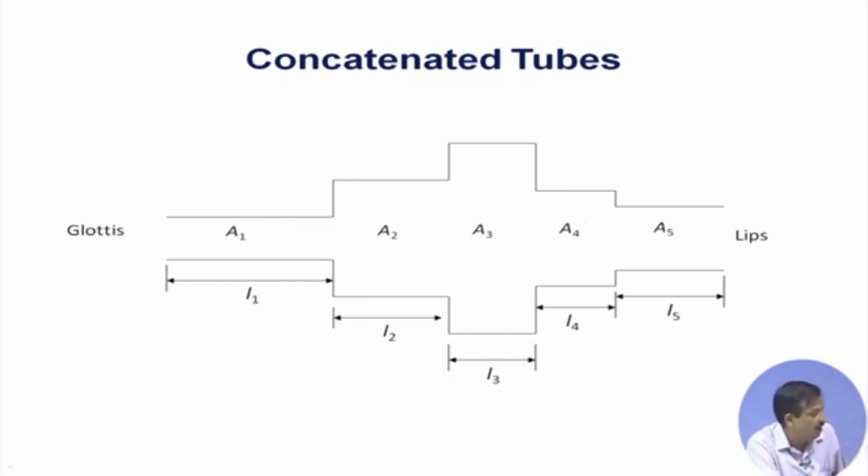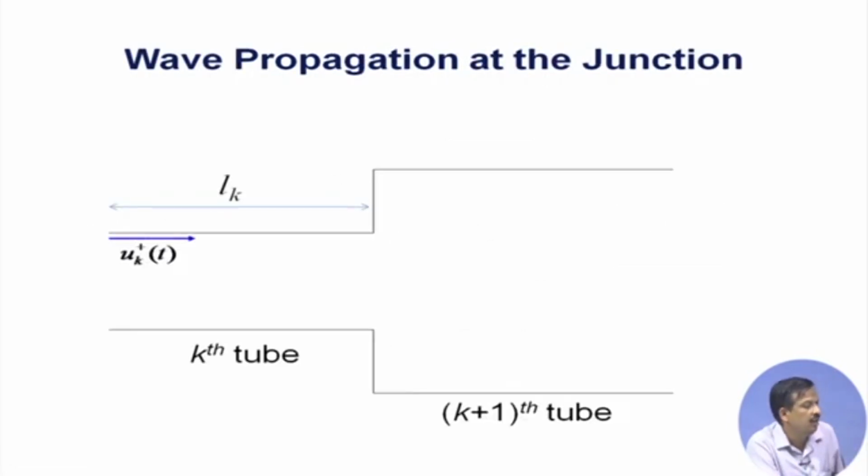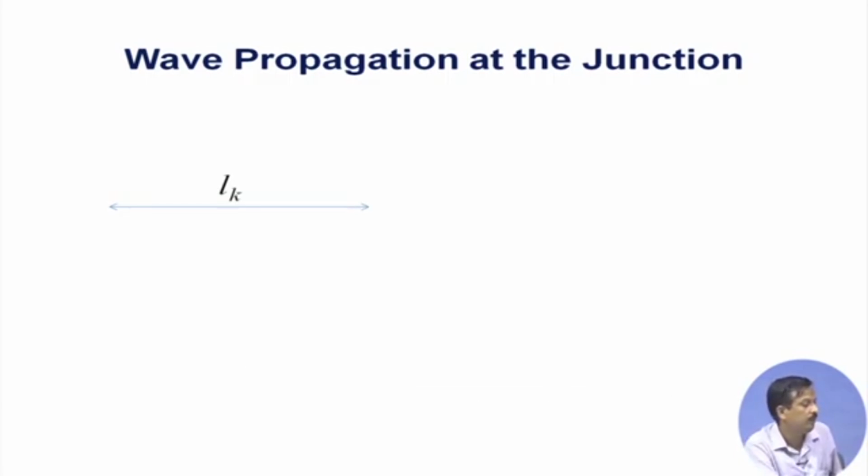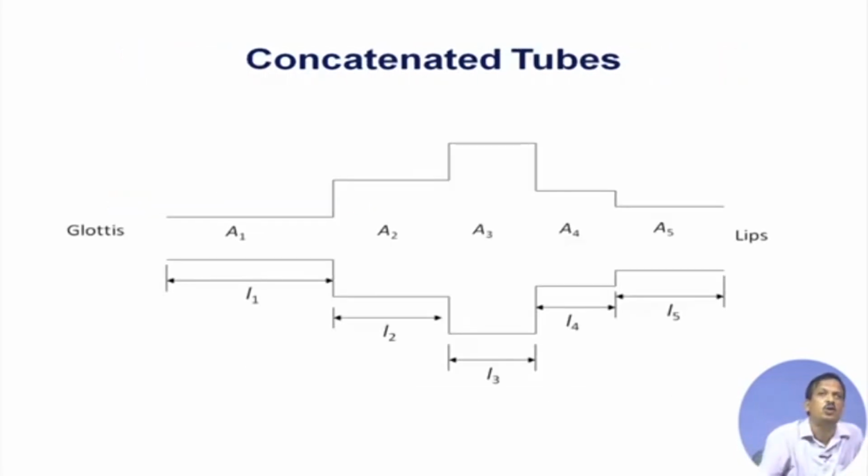Now, if I consider that the whole tract is a connected tube instead of a single tube, then what is the problem? The problem is that I know what will happen when a sound travels throughout a single tube. If it is a single tube, I know input and output.